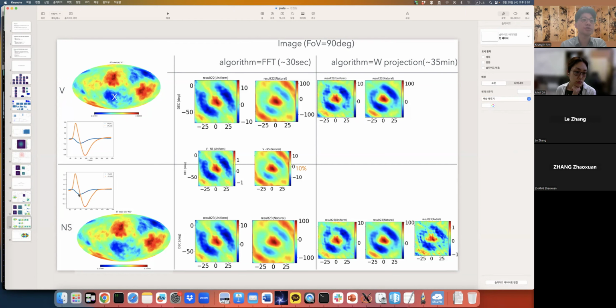So the RMS is much larger. Compared to the V case, let's say the ISW RMS is, did I say 100 millikelvin? If it is 100 microkelvin, then here it will be like 250 microkelvin RMS.